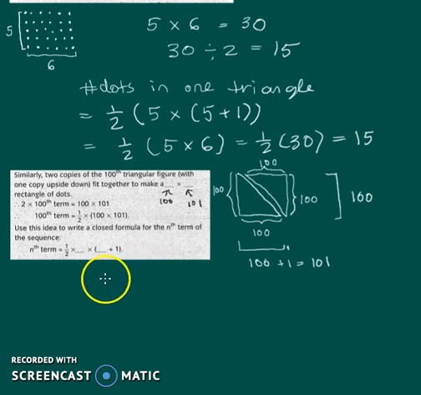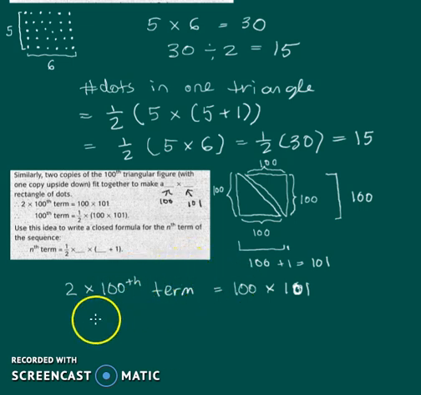And now moving on, we're going to calculate how many dots that makes in one of the triangles. So once again, we're going to consider the rectangle. Let's write out what they have here. So 2 times the 100th term, which is our triangle, is equal to a rectangle made up of 100 by 101 dots. So that means that to find the 100th term, we will have to divide both sides by 2. So let's get rid of this 2.